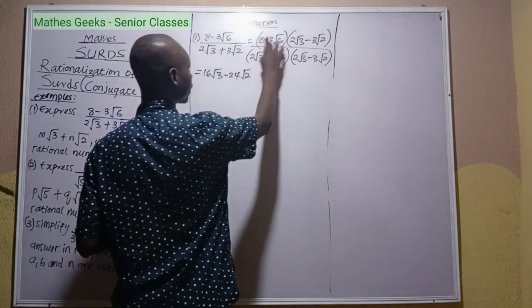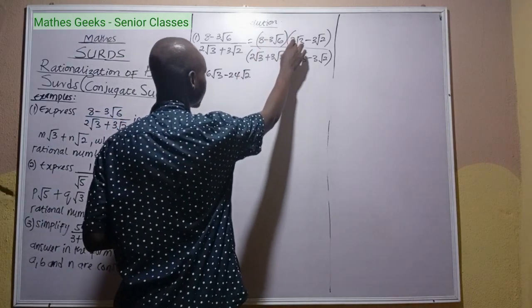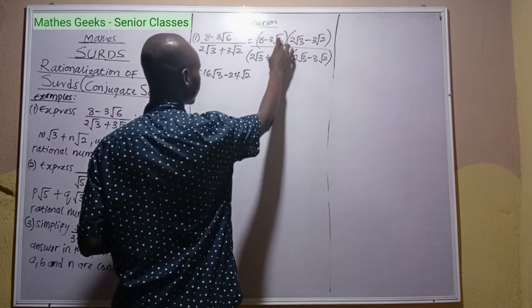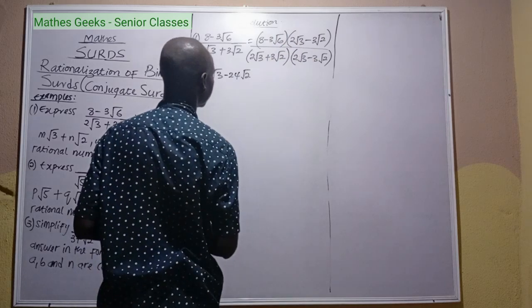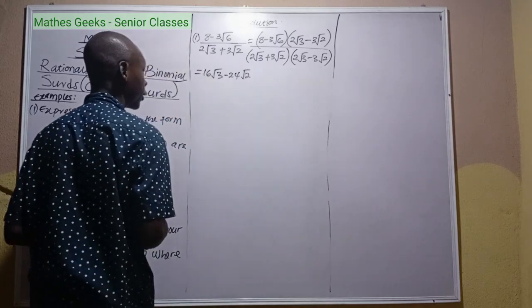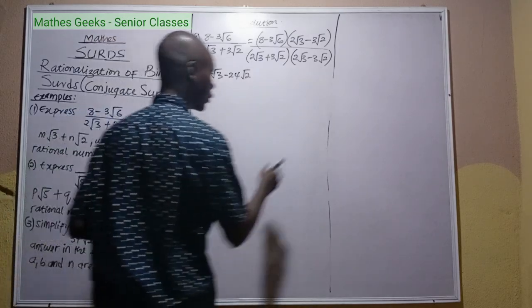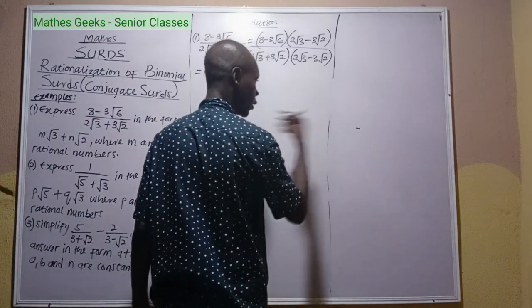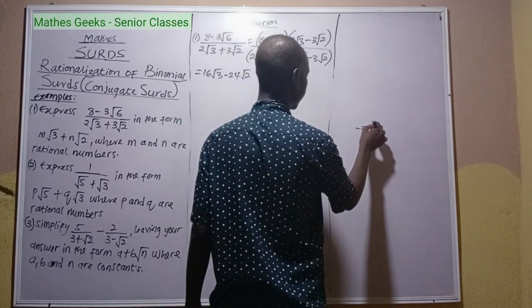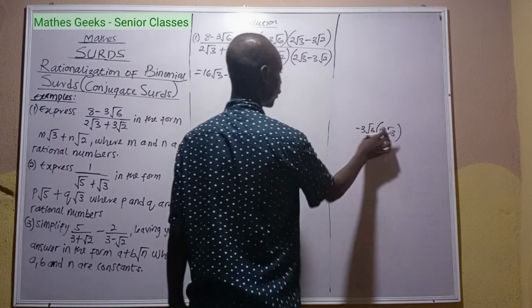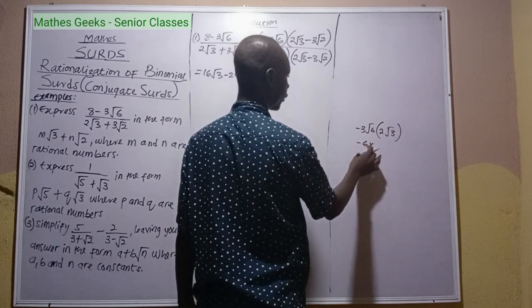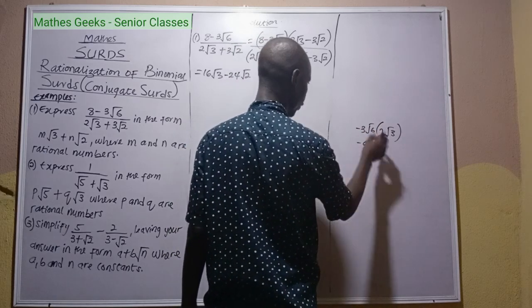Minus 3 times 2 gives us minus 6, and root 6 times root 3 will give us root 18. So minus 6 root 18, let me put it here. So minus 3 root 6 times 2 root 3. 3 times 2 will give us minus 6 times root 6 times root 3, which gives root 18.